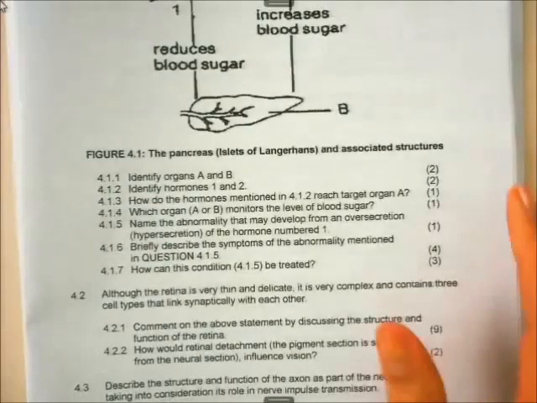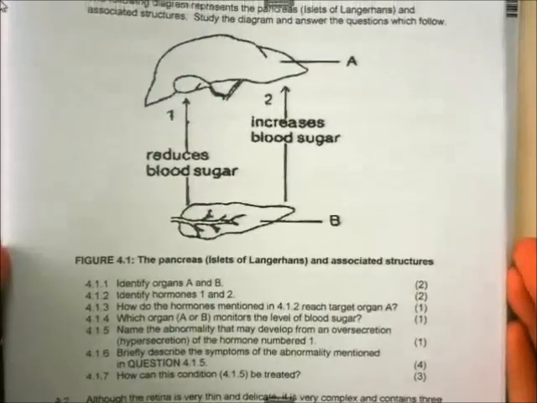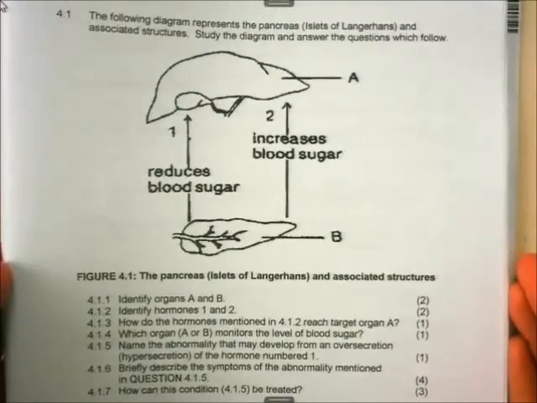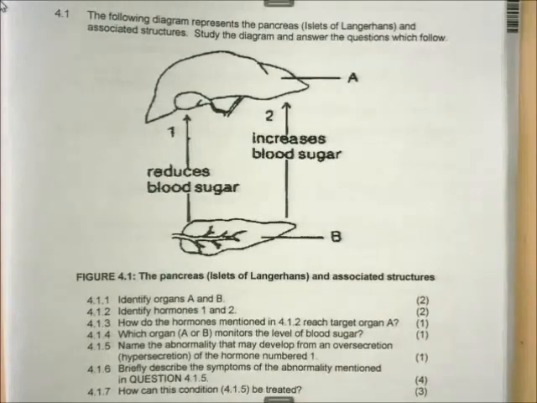Alright, let's move on to the next type of question on hormones. They say the following diagram represents the pancreas and associated structures. Study the diagram and give the answers.